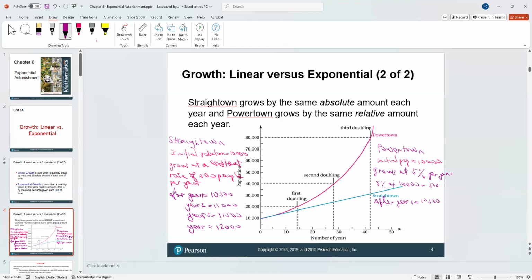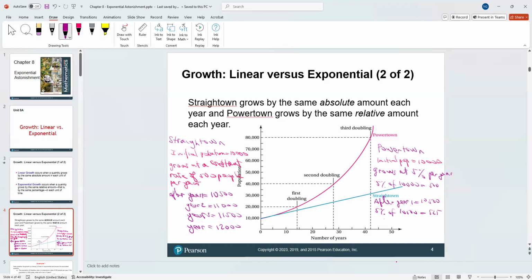But after this first year, the growth is no longer 500, because it's 5% of the previous amount. So now you take 5% of 10,500, which with a calculator is 525.